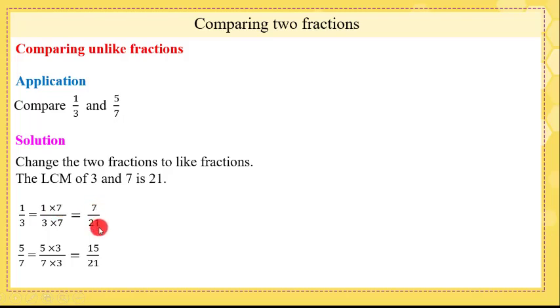7 over 21 is a fraction equivalent to 1 over 3 and having denominator 21. Now multiply 7 by 3 to get 21. Also, whatever we do to the denominator, we've got to do to the numerator. So multiply 5 by 3 to get 15. 15 over 21 is equivalent to 5 over 7.